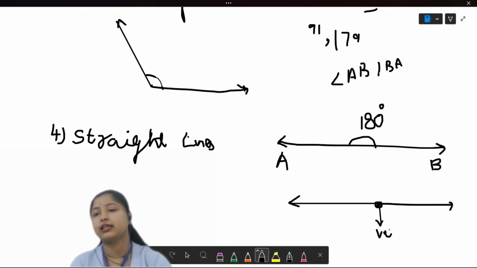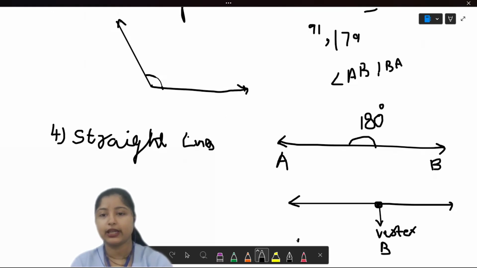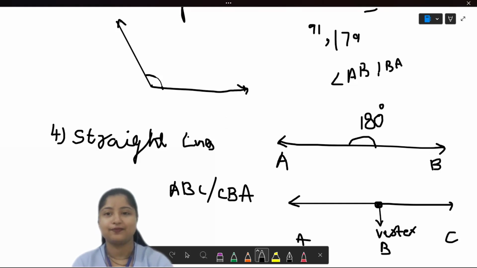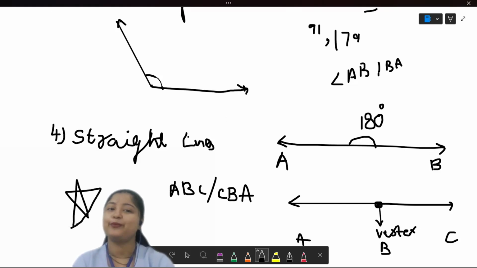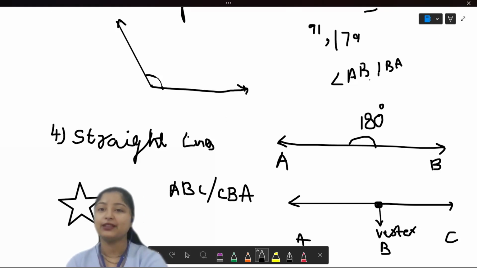You can call it B. Let's name this point A and this point C. So you can call this angle ABC, or you can also call it angle CBA. That's the same thing.